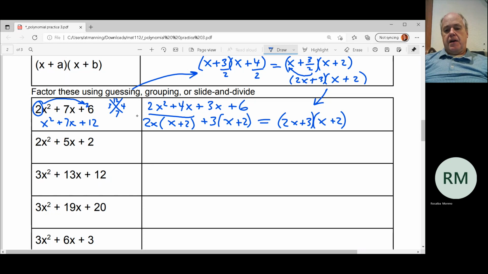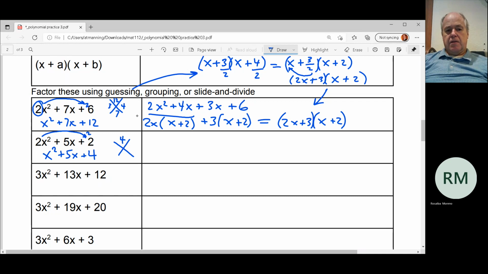So slide and divide. Let's do another. Let's just do the slide and divide on this one. 2x, slide over the 2. So that becomes x squared plus 5x plus 4. Two numbers, when multiplied together, give us 4.